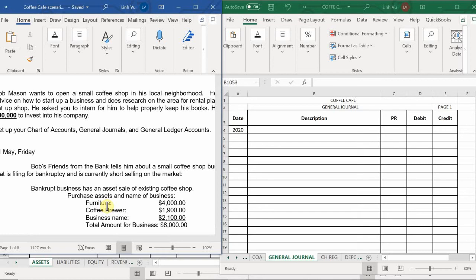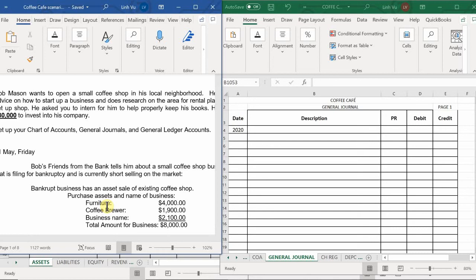Now, let's take a look at going back to chapter 4. What is something that I need to actually have in order for me to record a transaction? Okay. So go ahead. You need to have a bank account, right?